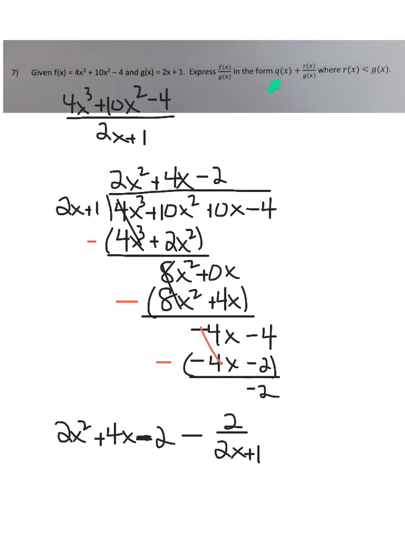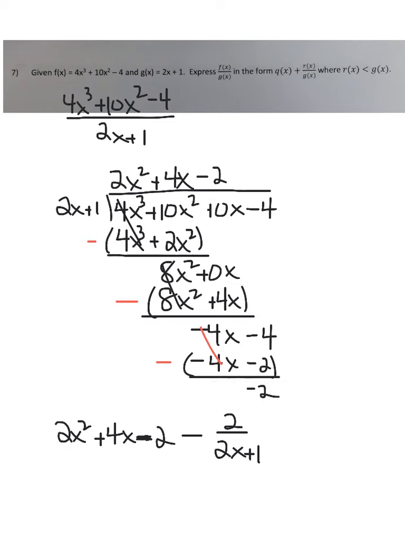In the form of q of x, that's your quotient. That would be this, what we have right there. And then plus r of x stands for our remainder. And that's what we have right here, over what we divided by. Look, this g of x is this g of x, which is that.